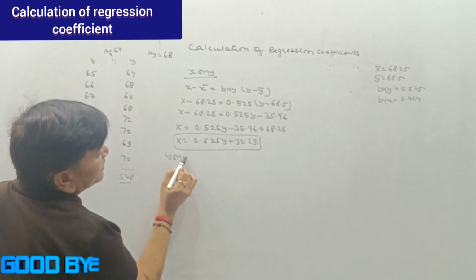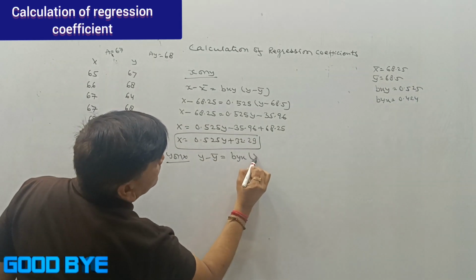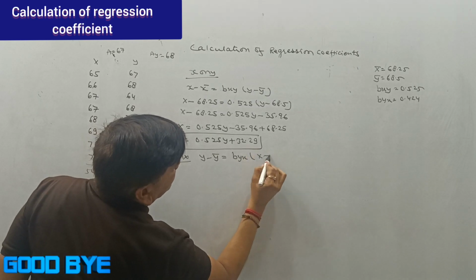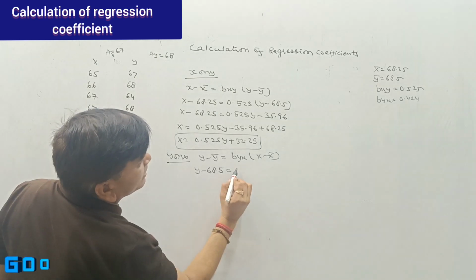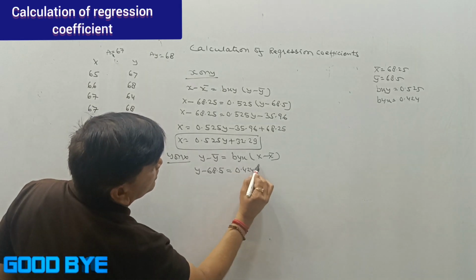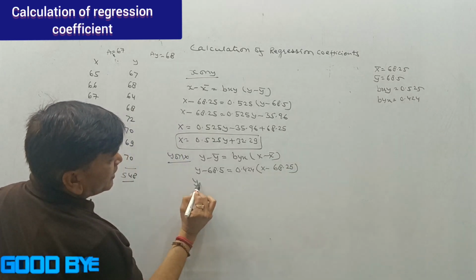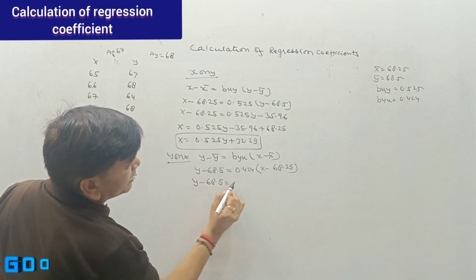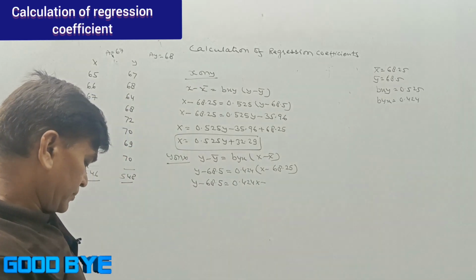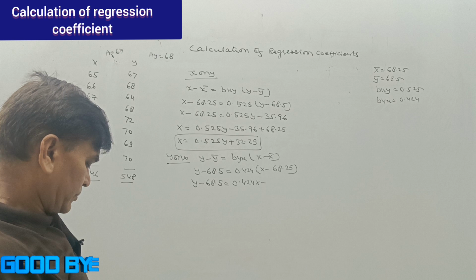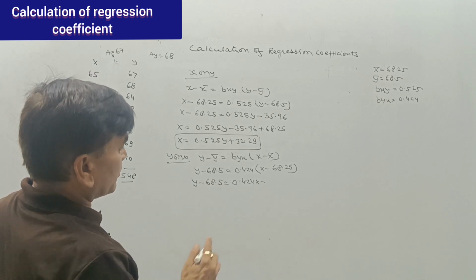Y on x equation: y minus y bar equals byx times x minus x bar. So y minus 68.5 equals 0.424 times x minus 68.25, which gives 28.94.